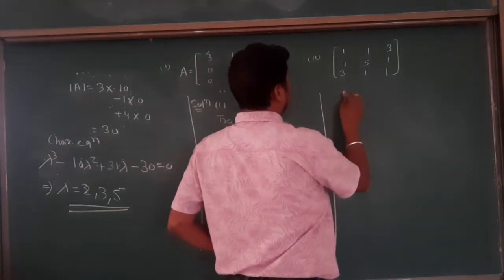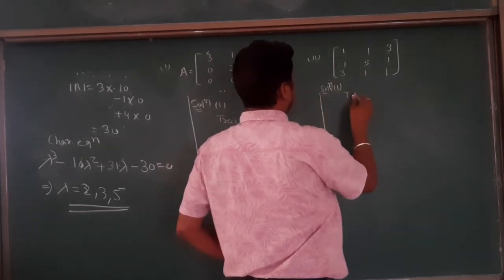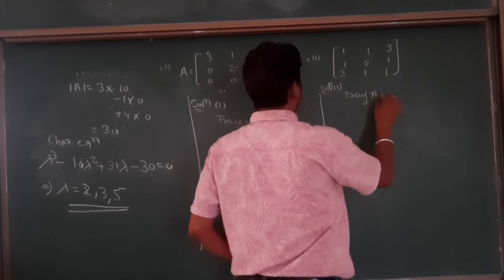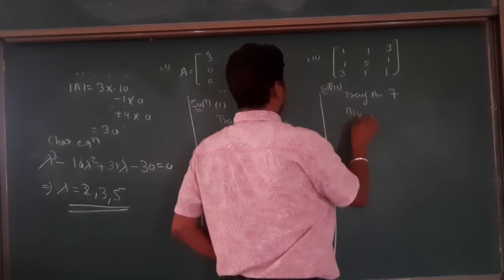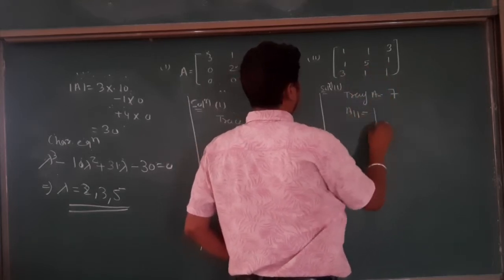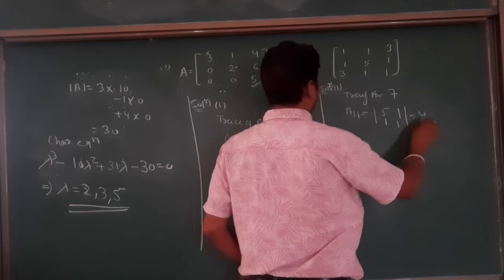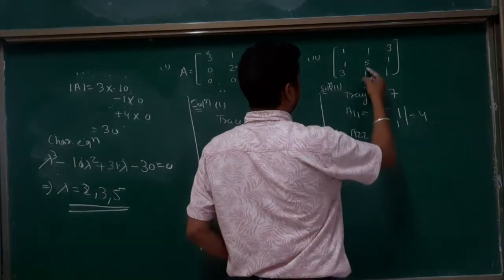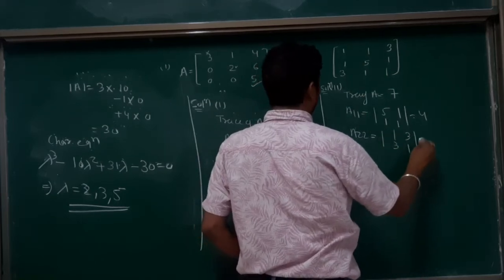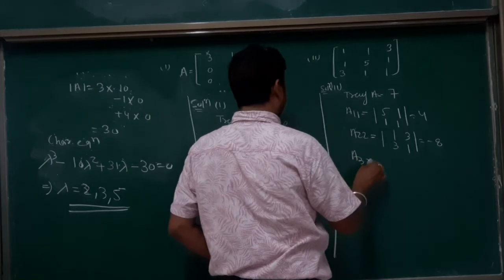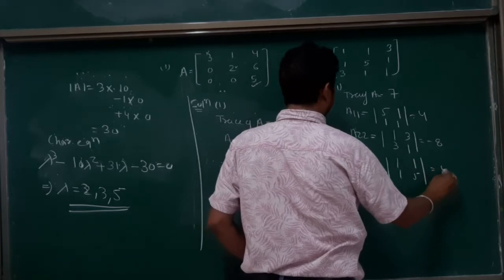When you do this one, what is the trace? Trace of this is 5 plus 1 plus 1, total 7. What is A11? 5, 1, 1, 1, so 5 minus 1, 4. What is A22? 1, 3, 3, 1, so minus 8. What is A33? 4.